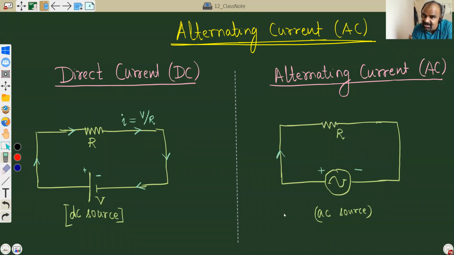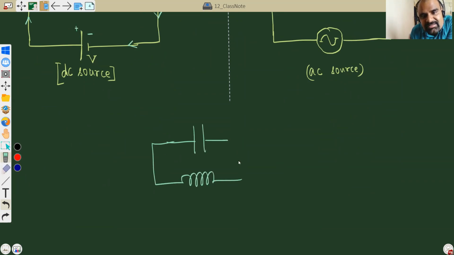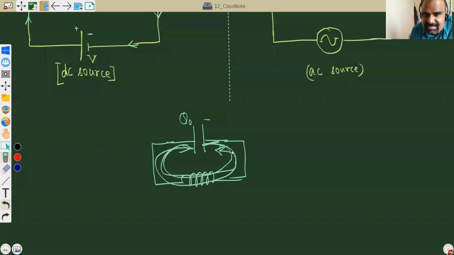I think we have studied a similar kind of circuit very recently, an LC oscillatory circuit. You remember we had a capacitor and an inductor. This capacitor was already charged up to Q naught, and then we closed the switch. So the current flew like this, and then like this, clockwise, anti-clockwise.